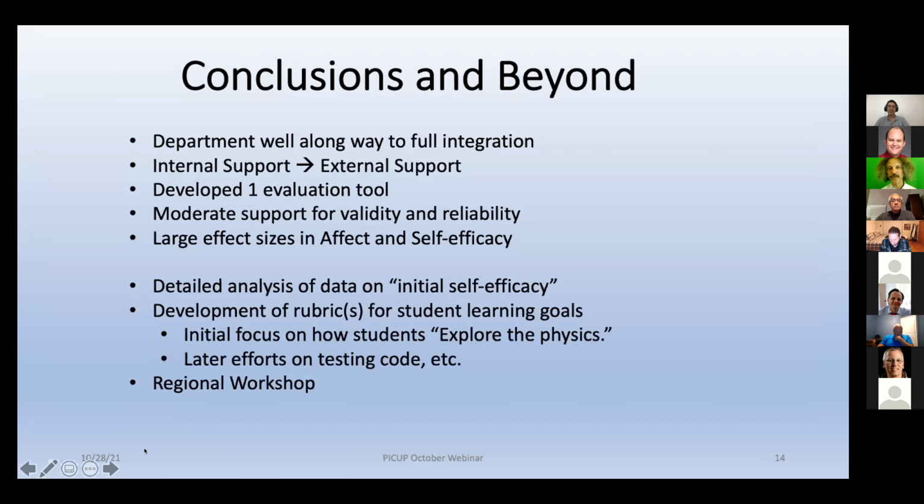So with that, I want to start to wrap things up. Our department is well along the way to full integration. As Gautam mentioned, our goal that was actually stated in our IU's proposal, and that grant expires in 2023. By that time, we want to have 25% of the curriculum be computational, and that can be construed differently course by course.